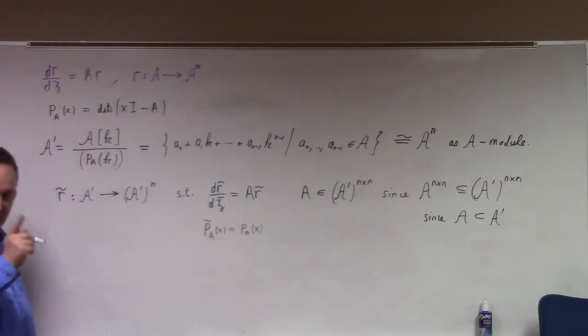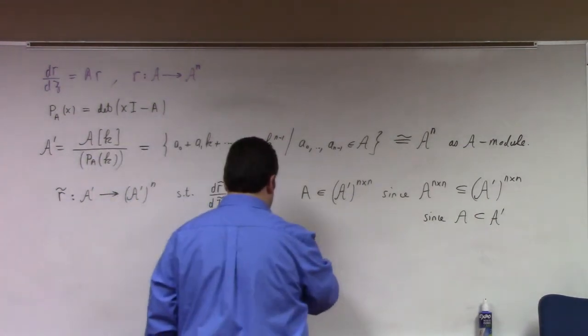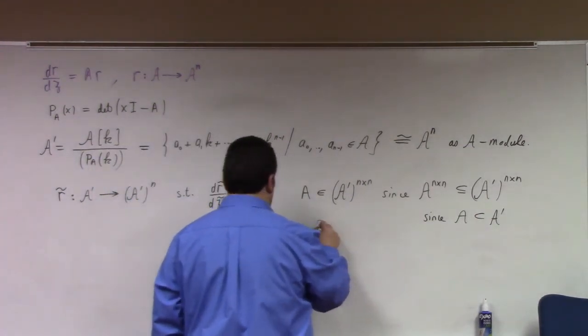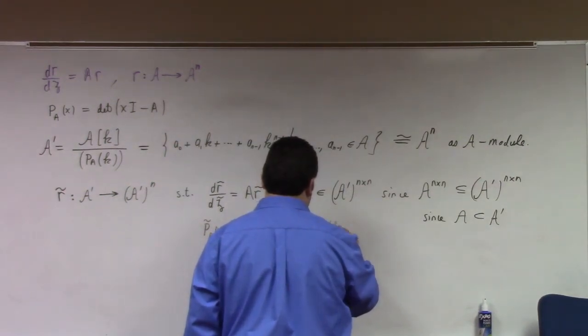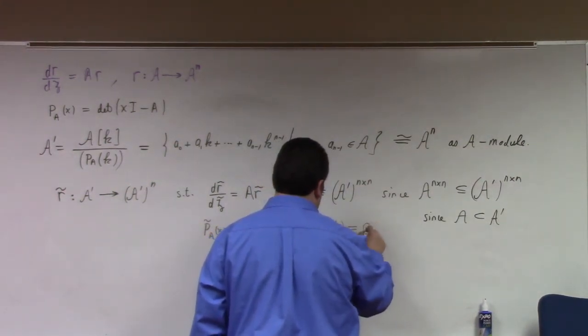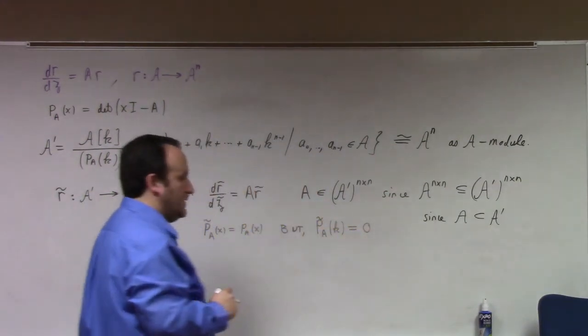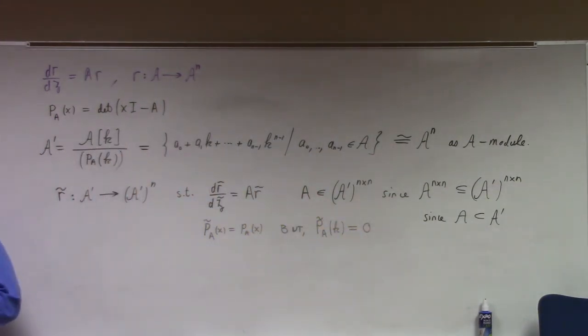But here's the big thing. P tilde A of k is equal to 0. The extension element, k, is, by construction, a 0 of the characteristic polynomial. In A prime, the characteristic polynomial has a 0, right?